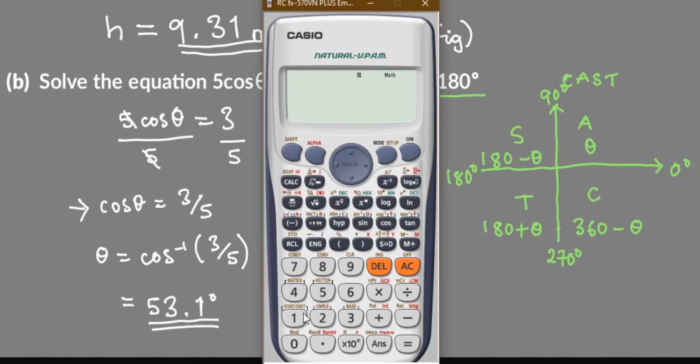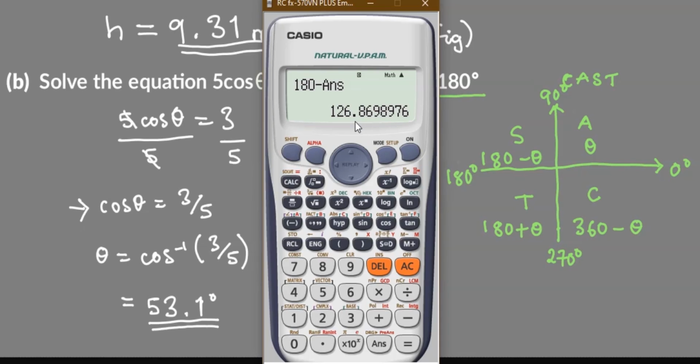Let's just find our very accurate answer here. Let's start from cosine inverse 3/5. Then we can subtract that answer from 180. So this is 53.13 and those other numbers in the second quadrant.